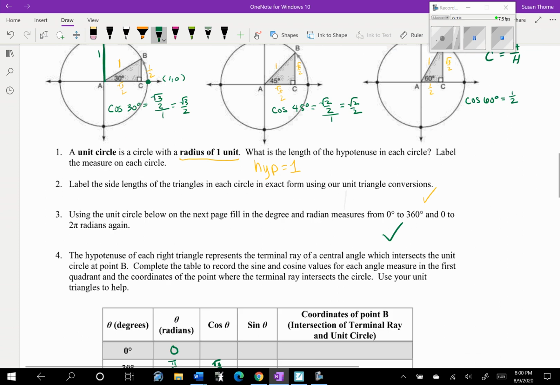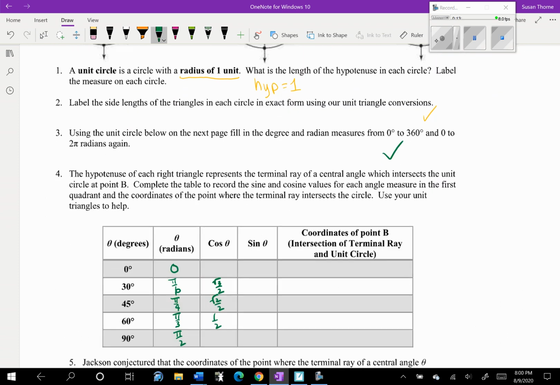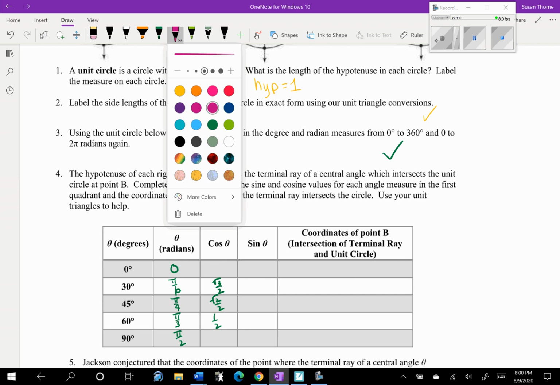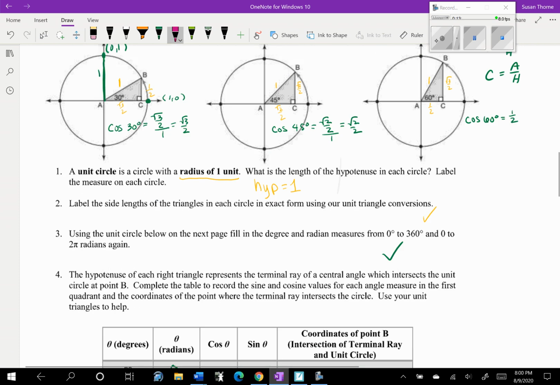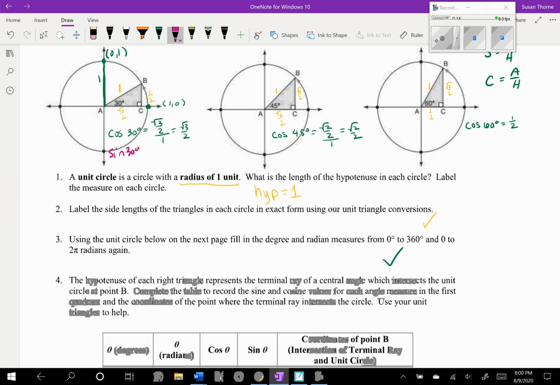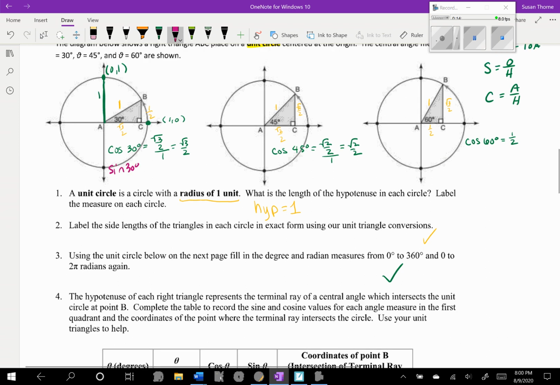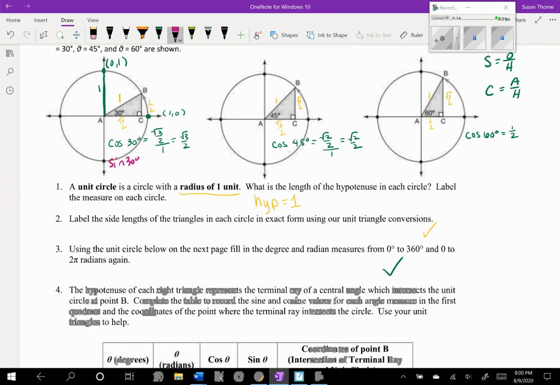Before we do that, let's look at the sine of 30, 45, and 60. That will help you, hopefully, if you don't remember from last year. The sine of 30 degrees is opposite over hypotenuse, so the opposite of 30 is 1/2 divided by the hypotenuse, 1, which is 1/2.